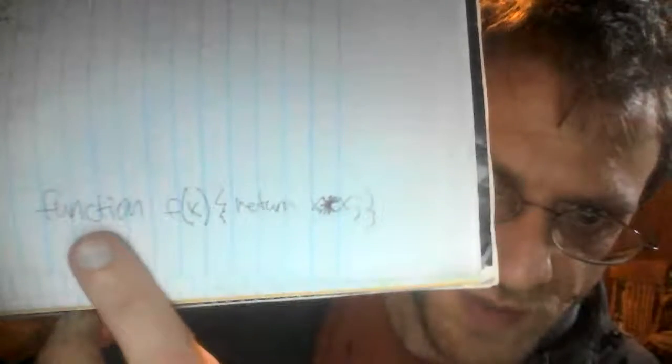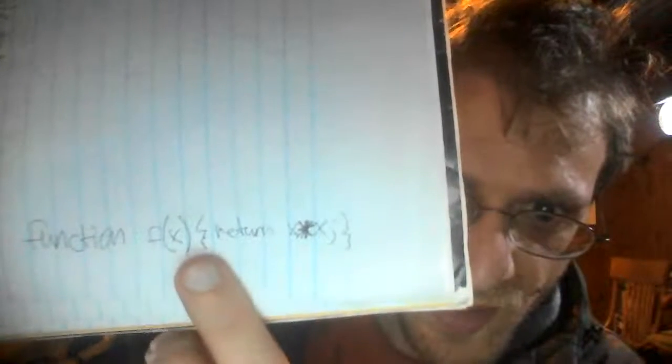My handwriting is a bit messy, so I'll just tell you what this says. You see this keyword function says we're declaring a function in JavaScript on that console again.